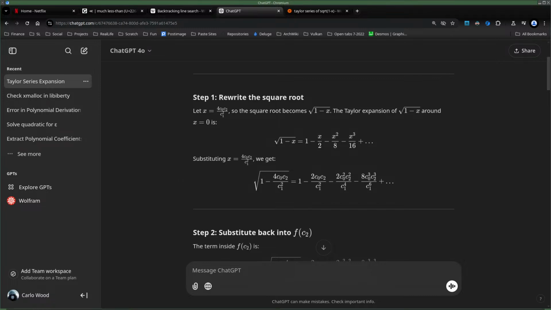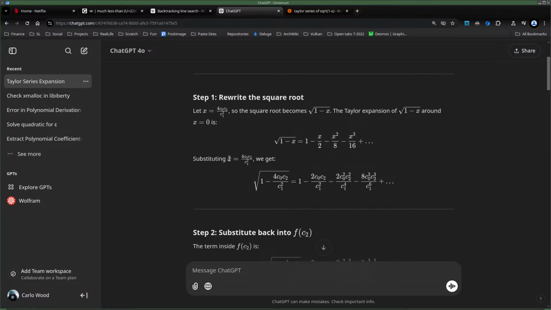And I have x divided by 2 minus the square of x divided by 8 minus the cube of x divided by 16, and even 2 terms more.